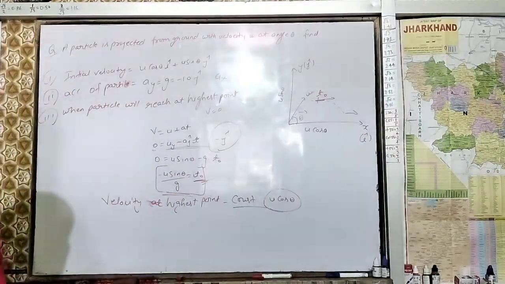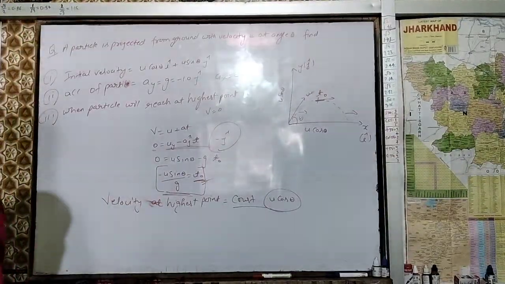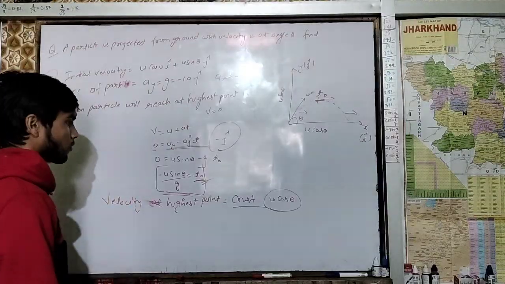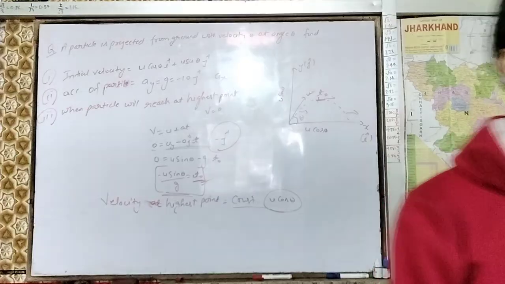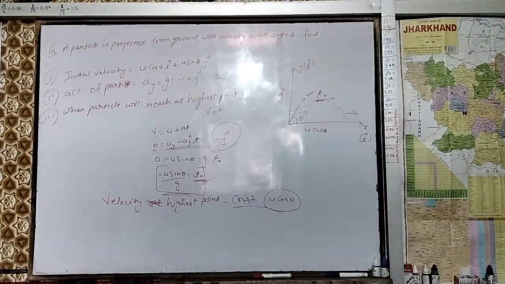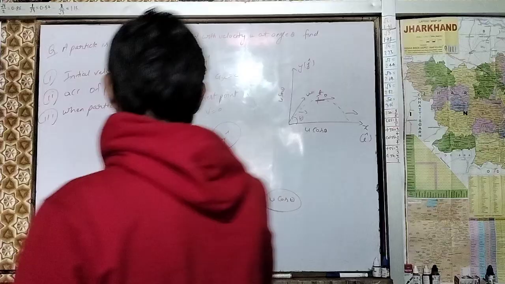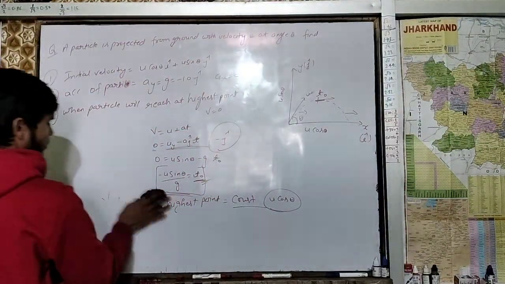But when it comes to y, this is not constant. So finally, we have said the velocity at the highest point. Time also, t naught is equal to u sin theta upon g. Time of flight would be, this is also easy.